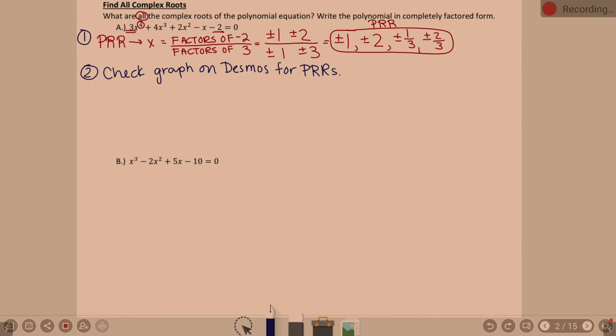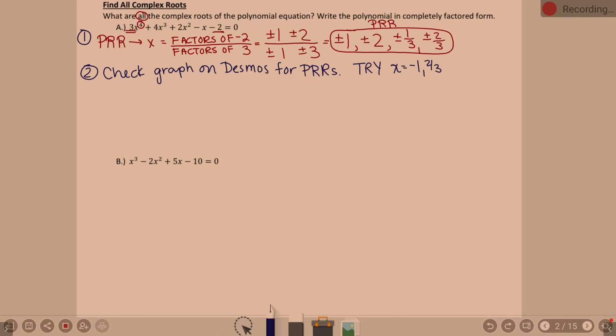We're going to try x equals -1 and x equals 2/3. I don't guarantee they're going to work, but we're going to try. That's the mindset we've got to go in here.